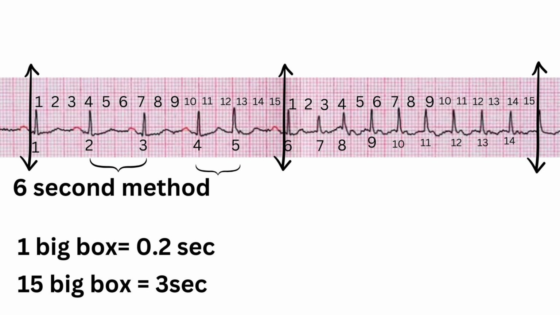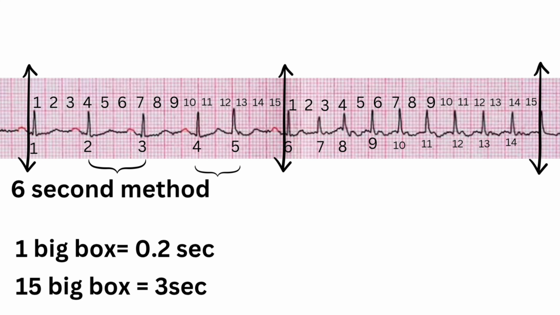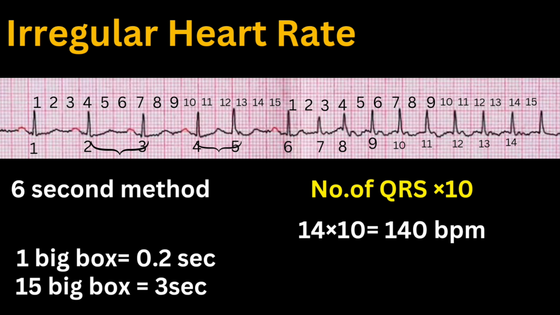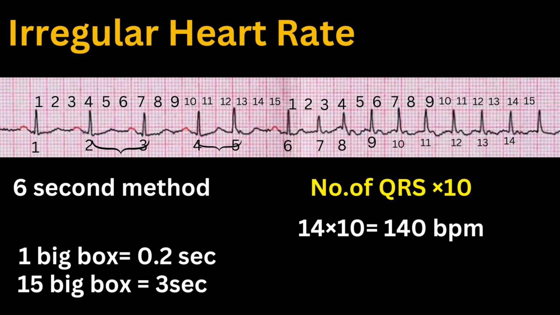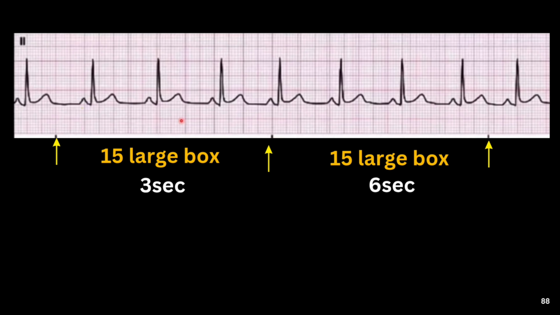We multiply the number of QRS complexes by 10, and that is the rate of the ECG. 14 multiplied by 10 is 140 beats per minute. This is so simple, so easy. That's how you calculate the rate on an irregular rhythm by the 6-second method. Now, if you notice, many ECGs usually have a 3-second marking.